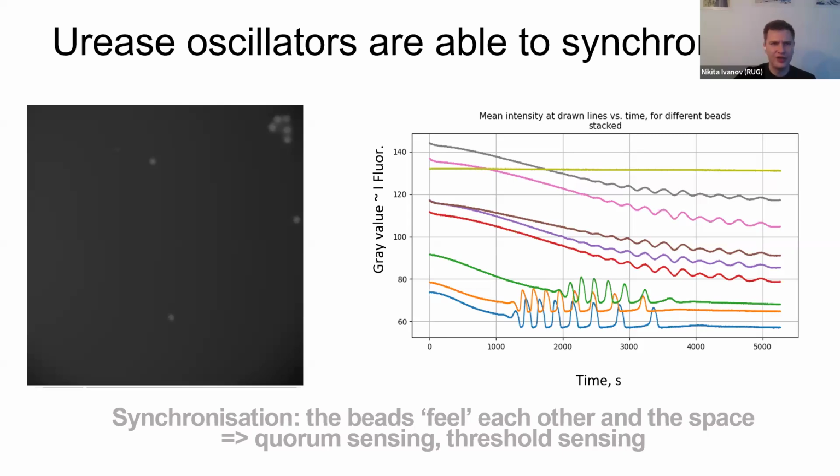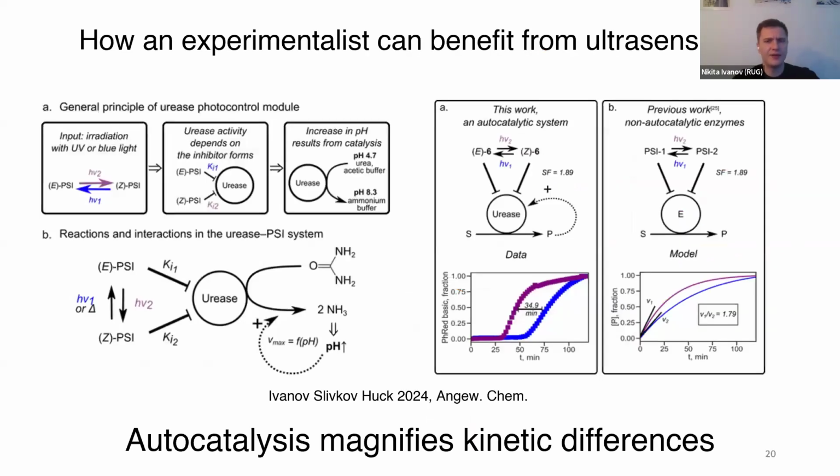And I'm close to finishing. I just wanted to say that autocatalysis can indeed be a curse for an engineer, but it can also play a good role. In a recent publication, we used it to magnify differences. It's absolutely obvious that autocatalysis magnifies differences.